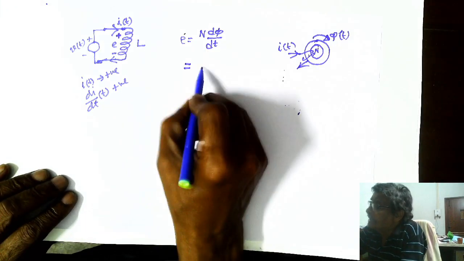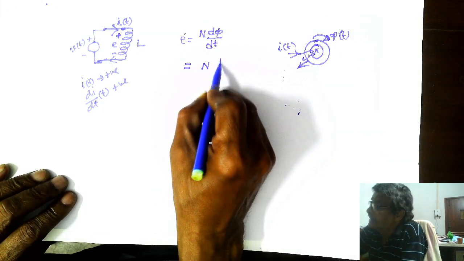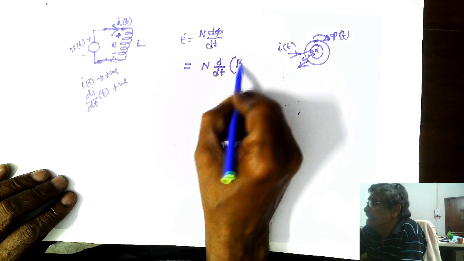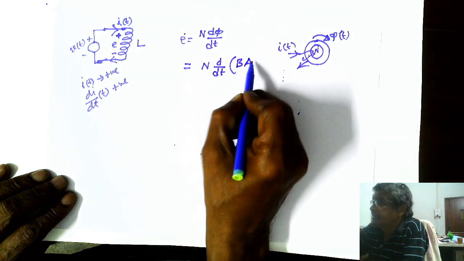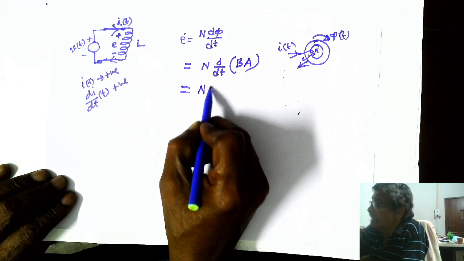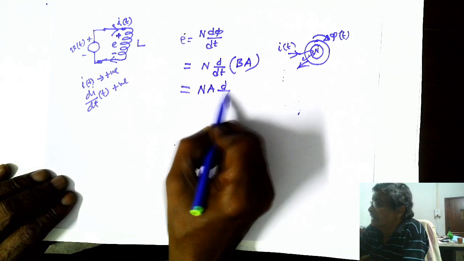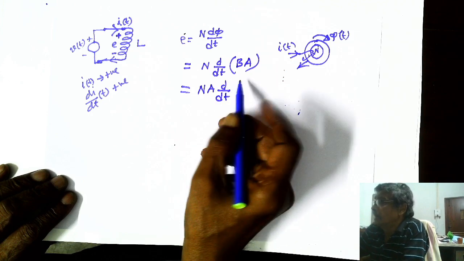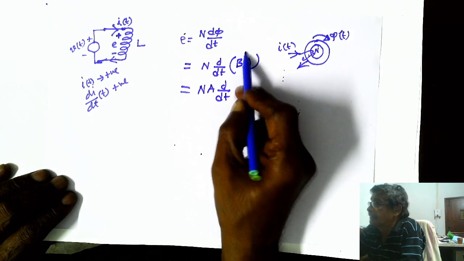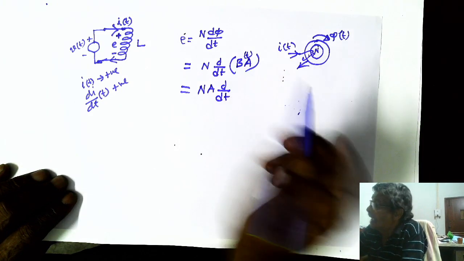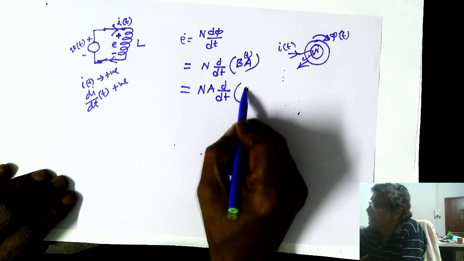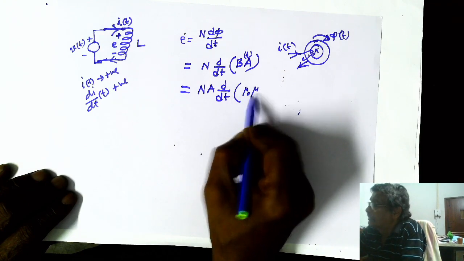In d/dt, we have found out phi is B into A. A is constant, the cross-sectional area, take it out, so in A d/dt, you take N out. B is the flux density which is a function of time now, B(t), and B(t) is nothing but mu 0 mu r into H(t).